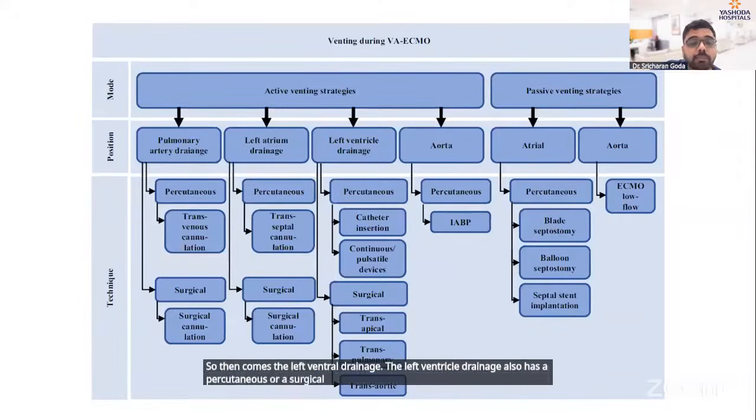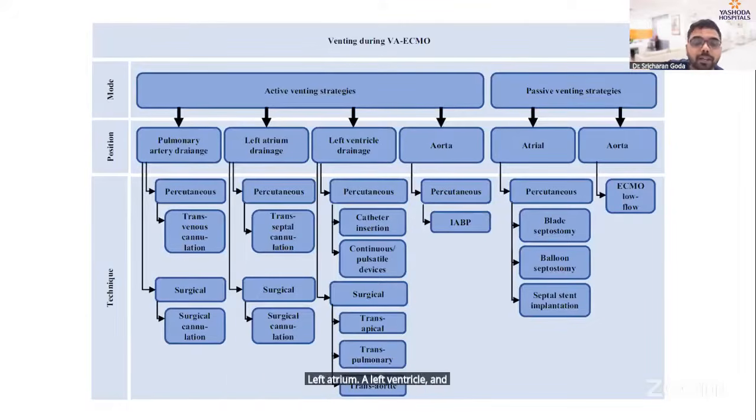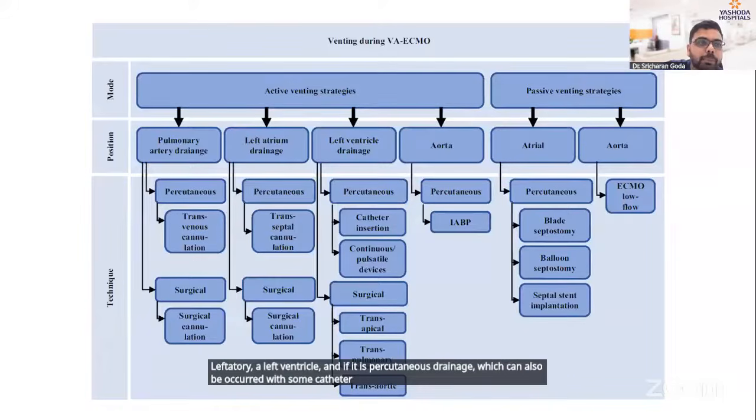The surgical technique is transapical catheter insertion into the left ventricle. Percutaneous drainage can be done with a pigtail catheter, trans-aortic pigtail drainage of the LV, which is a relatively old method.